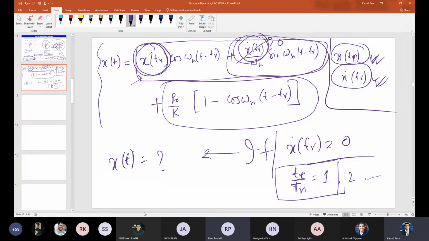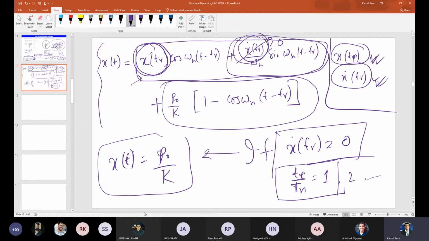Sir, if I put TR by Tn equal to 1, I am getting P naught by k. P naught by k, yes. So the system doesn't oscillate, so it is a static solution. Okay, so that proved it, the graph is not wrong. Now we have to show that at TR by Tn equal to 1 or 2, x dot TR equal to 0. So you set x dot TR to 0 and see for what value of TR by Tn that leads to.